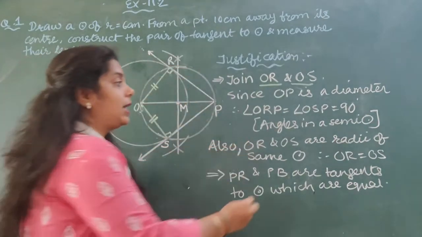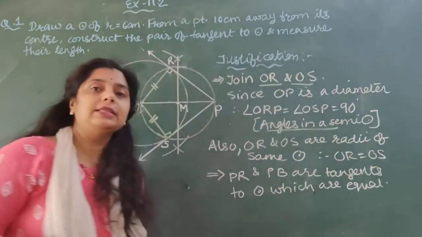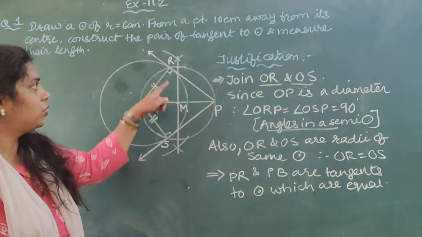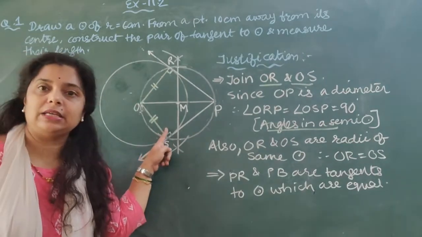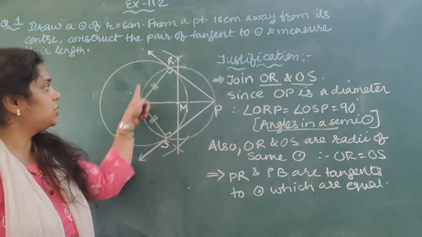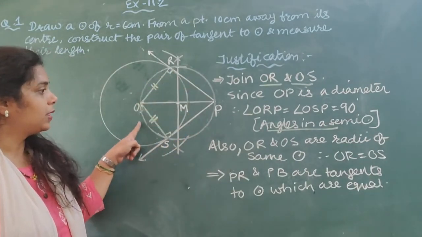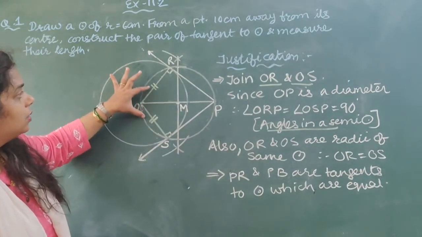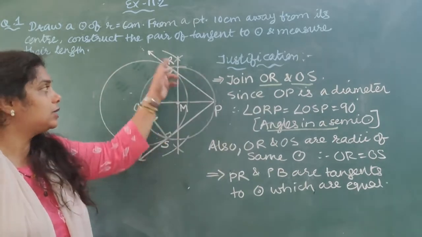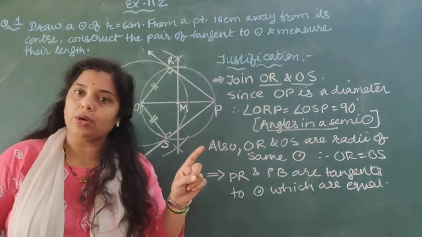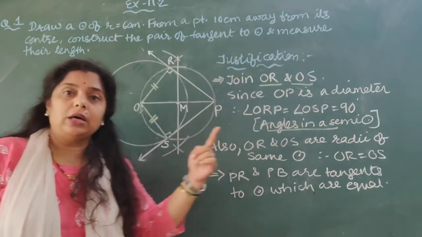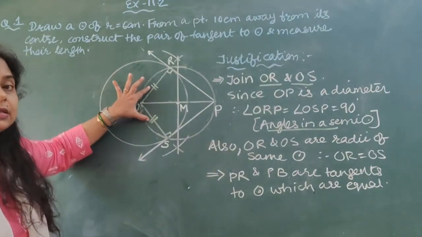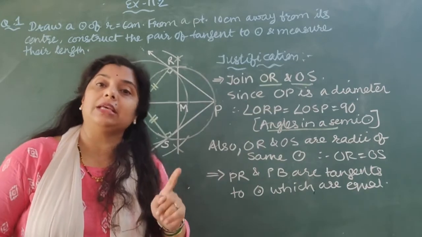Why? Because the angle subtended in a semicircle is always 90 degree, and therefore these two angles are 90 degree. Now as you see, OR and OS are the radii of the earlier circle, and therefore they are the same, as they are radii of the same circle.